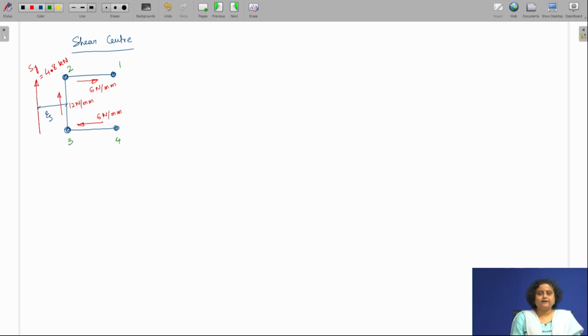Now to obtain the shear center, the point about which we take the moment should be carefully chosen so as to minimize the calculation required. I will reiterate that we can choose any point and find the moment, but then the calculation might become tedious.